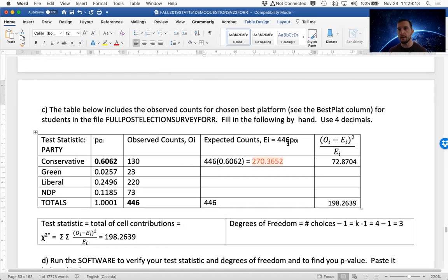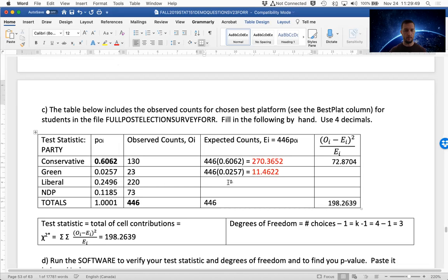This is how many of the 446 students in our sample we would expect to vote conservative if our sample follows the population proportions. In the second case, we would take sample size and multiply by the proportion that are expected to vote green, and that would give us 11.4622.